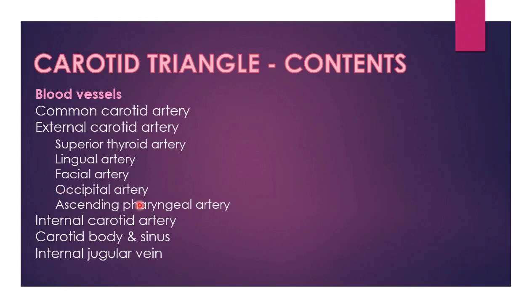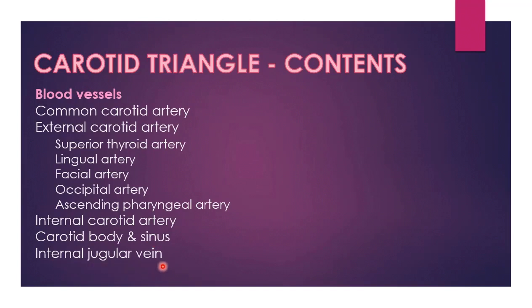In the carotid triangle, you can see these 5 branches of the external carotid artery, which we will be seeing in detail. Then about the carotid body and the sinus. One is a baroreceptor or pressure receptor, and the other one is the chemoreceptor.